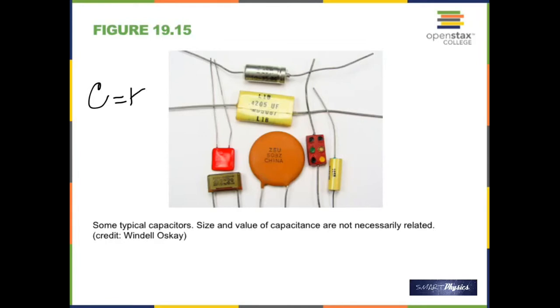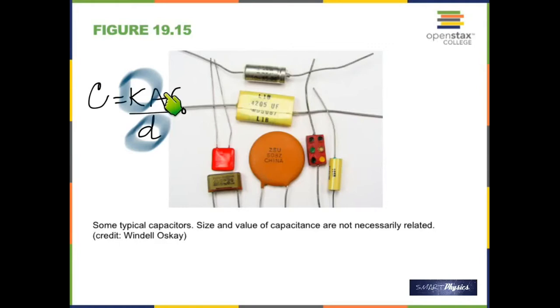And the capacitance is actually given by K A epsilon naught by D. K is not 9 times 10 to the 9, but it's called the dielectric constant. It depends on the material used. And the higher the dielectric constant, the bigger the capacitance.